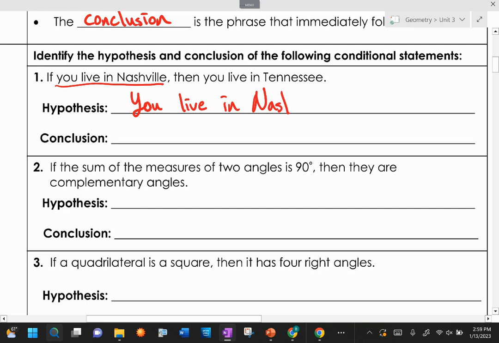Nashville is a city in the state of Tennessee. Okay. The conclusion follows the then, which is you live in Tennessee.